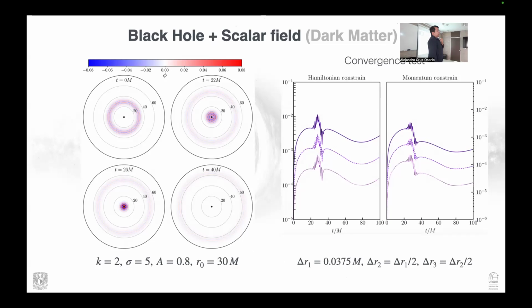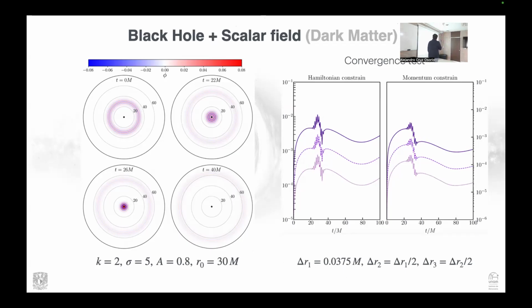Of course, because we are using numerical methods, it's mandatory to perform this kind of test. It's called a convergence test, because we have to show that what we are getting in our numerical simulation is physically correct.